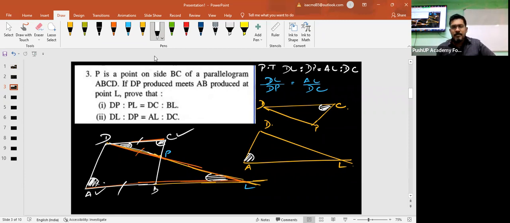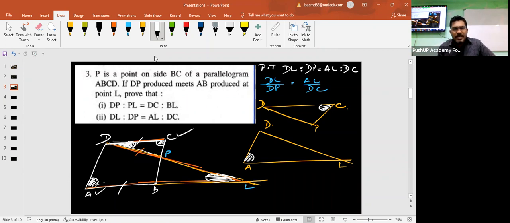Angle C. Now, if you notice this angle ALD, children, the one which I'm highlighting in white color right now, that is angle ALD. And if you notice angle PDC, the one which I'm highlighting right now in white color, that is angle PDC. Don't you think they both will be equal?